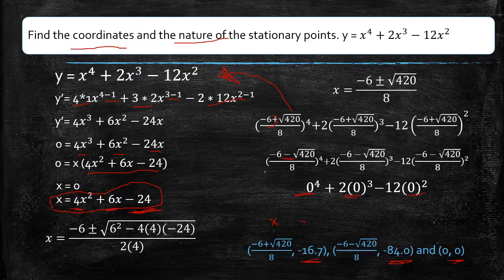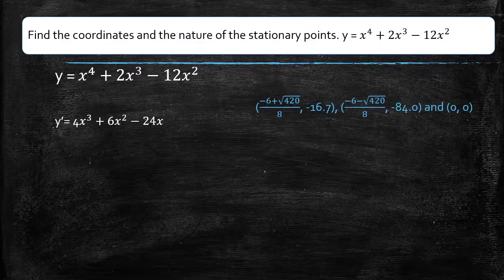And I did this to 3 significant figures for all of them. This is your x and this is your y. -6 minus the square root of 420/8, and then the y coordinate is -84.0. And then finally, our last stationary point is x, y.